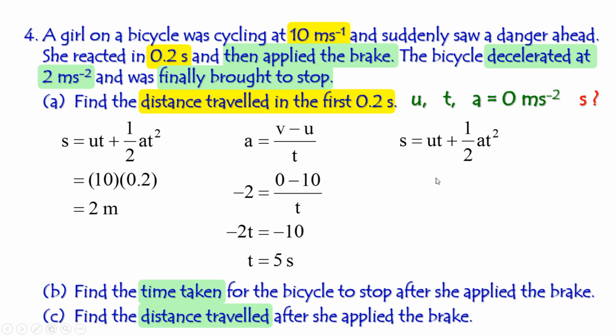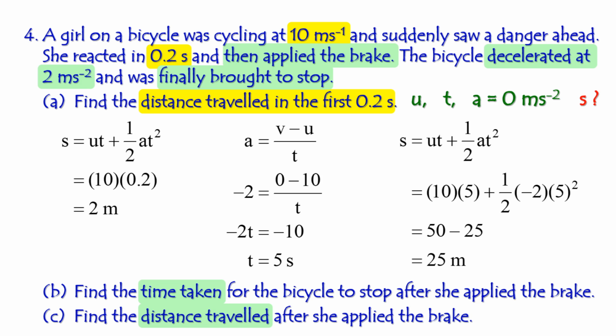The initial speed is 10, the time taken is 5 and the deceleration is -2. If you put all this data in the right place, then you can find out the value, which is equal to 25 meters.